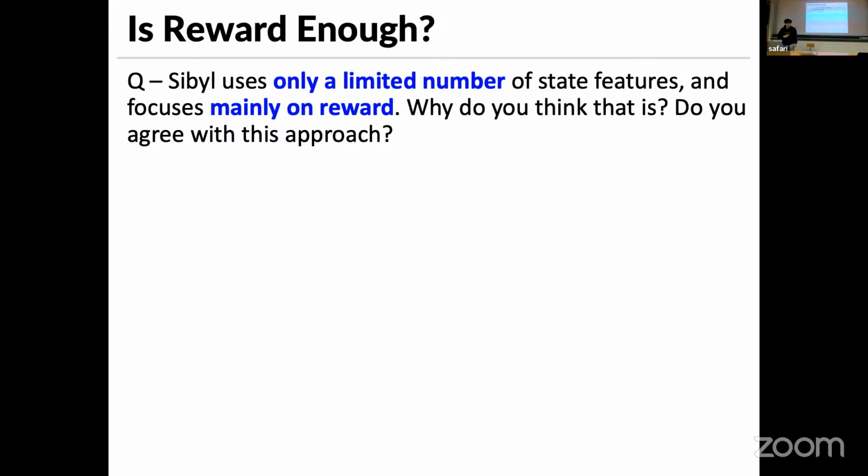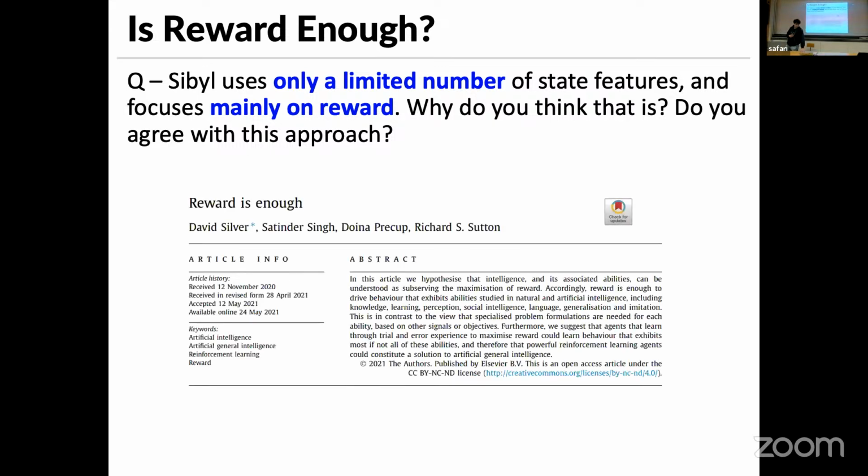So basically, there's an interesting paper that talks about this, which is called "Reward is Enough," and it talks about how, in fact, for reinforcement learning, the most important part is the reward, and you really do not need a lot of states in your system. I mean, this paper is a bit abstract.